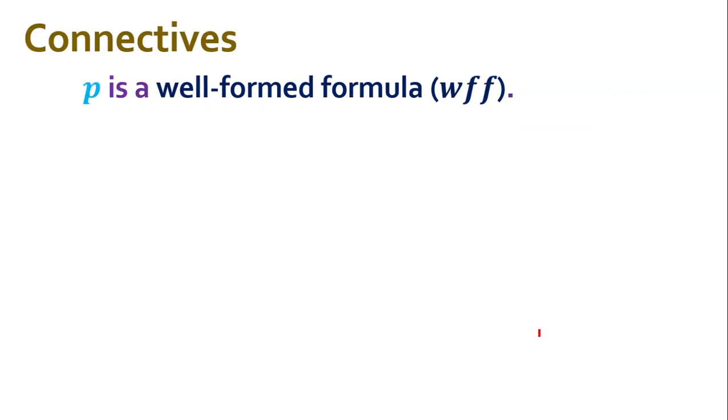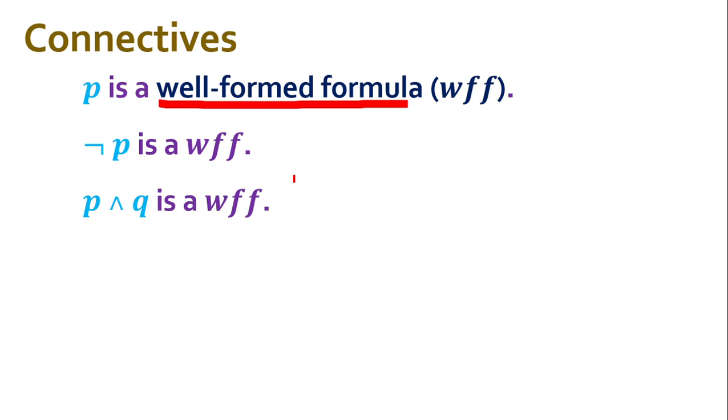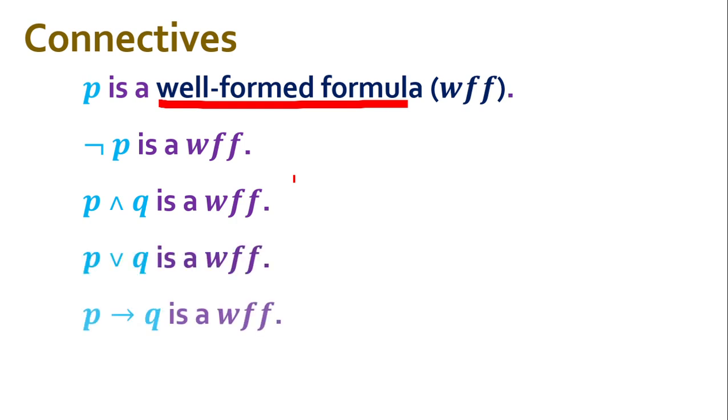Okay. So, p is a well-formed formula or WFF. So, not p is a WFF. And then p and q is WFF or well-formed formula. So, p and q is a WFF and also p or q is a WFF.